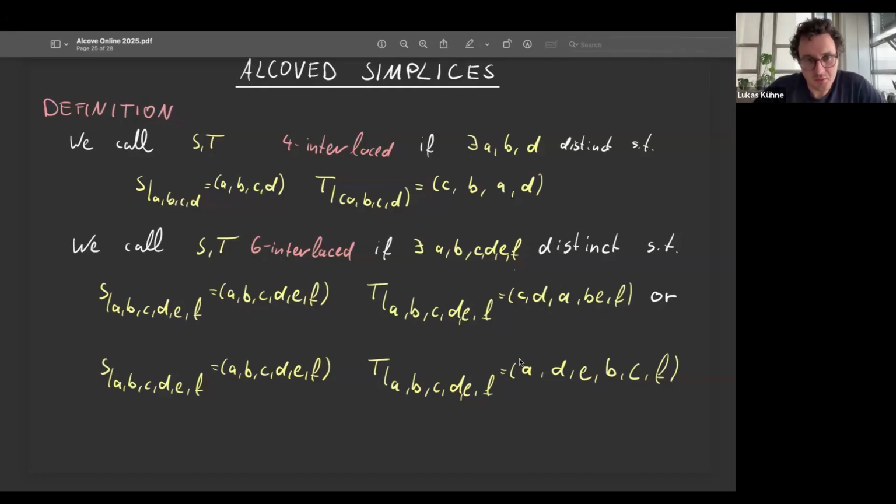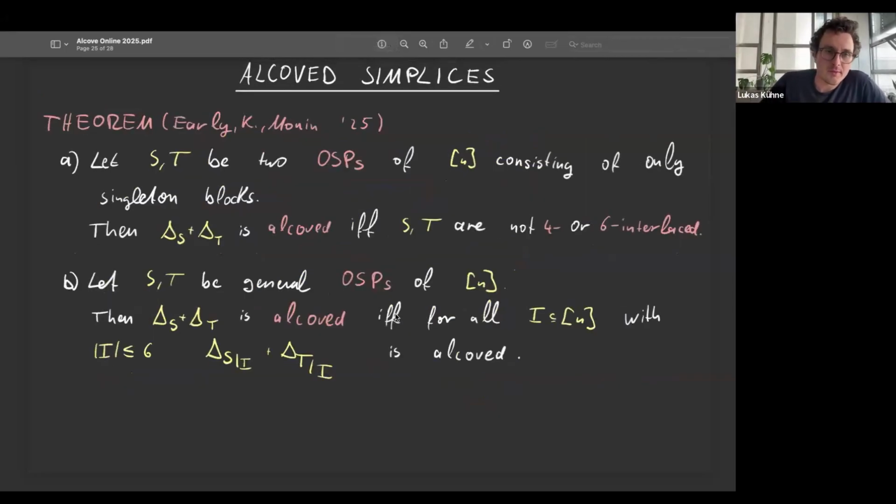Surprisingly, we found that this is all we have to worry about. If we have ordered set partitions on n elements consisting of singleton blocks, so every block is just one element, then delta S plus delta T is Alcoved if and only if S and T are not 4- or 6-interlaced.